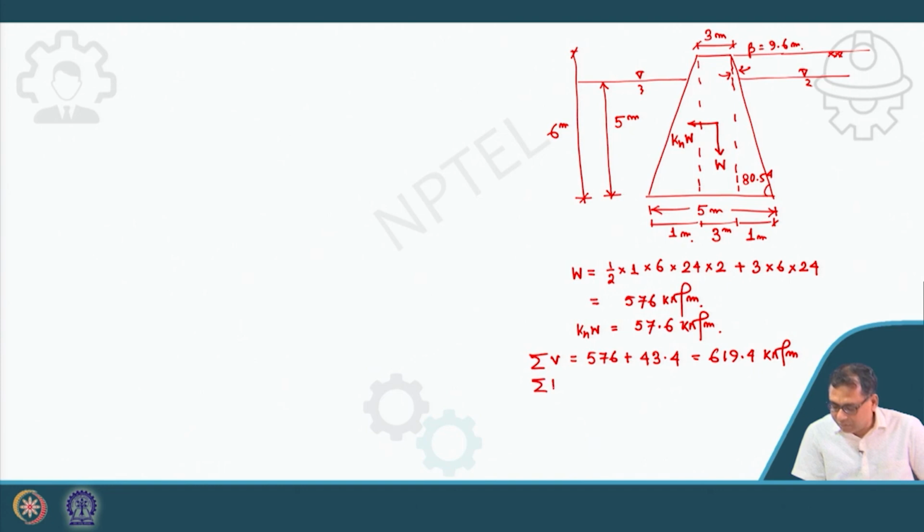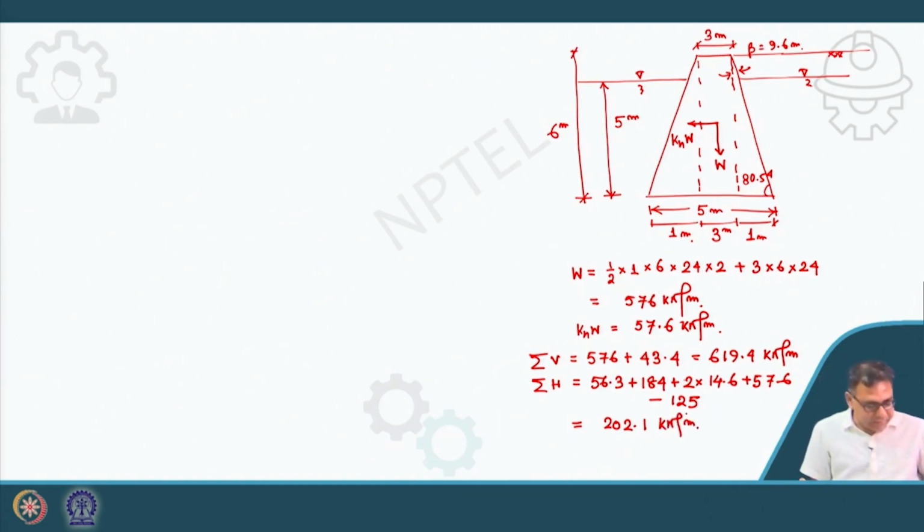The summation of all horizontal forces is now 56.3 plus 184 plus 2 into 14.6 plus 57.6 minus 125. Okay. So, now it is 202.1 kilonewton per meter. So, this is the only change.